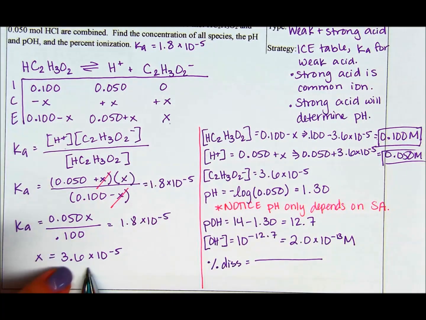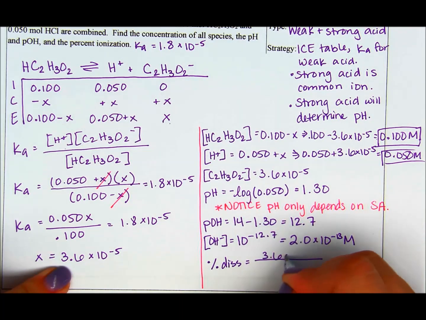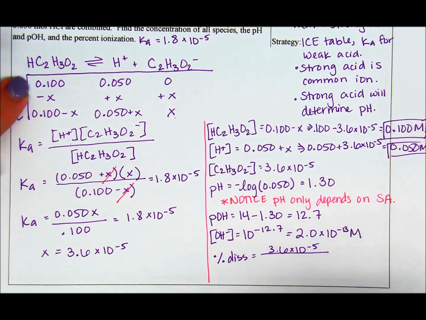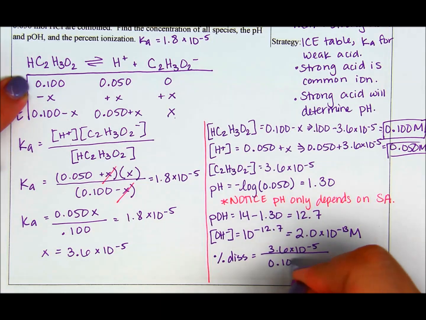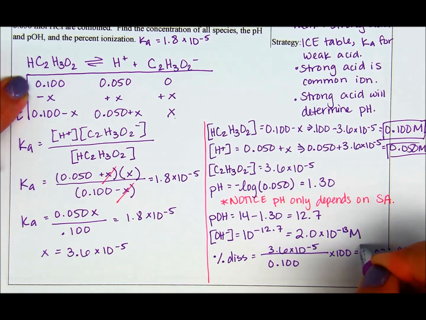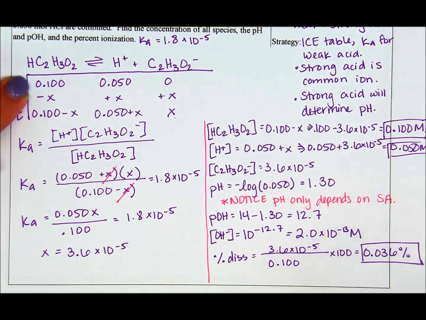So my X was 3.6 times 10 to the negative 5 over my initial amount of my weak acid there, 0.100, times 100 gives me 0.036% of that acetate reacted. Okay, that's it for problem 6.